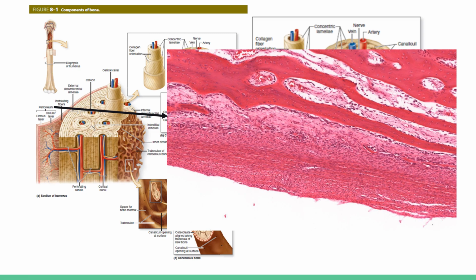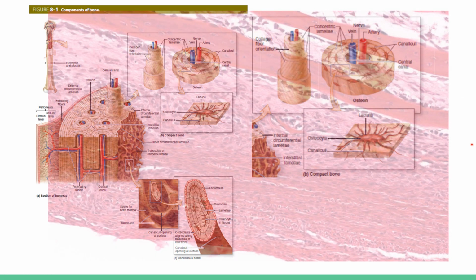You can notice two distinct layers: the layer of dense, irregular connective tissue that covers the outside of the bone, and this is the outer fibrous layer, and in the internal part, that is the inner osteogenic layer, which contains progenitor cells, and the progenitor cells will differentiate into the osteoblasts. Those osteoblasts are a type of bone cell that are responsible for increasing the width of the bones.